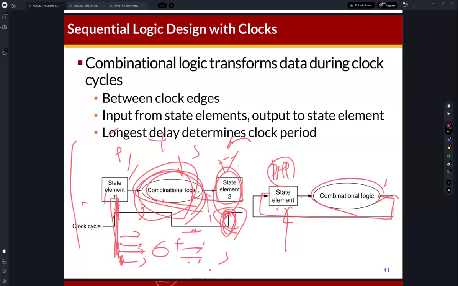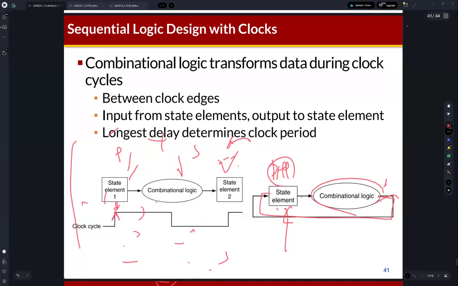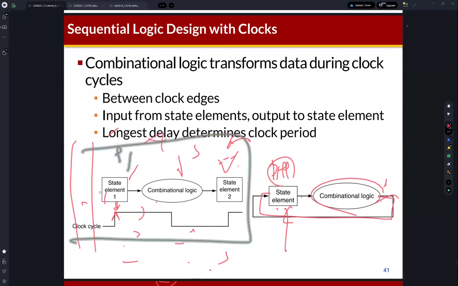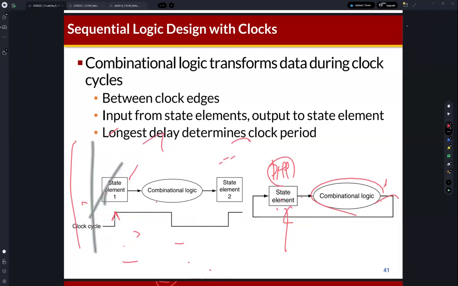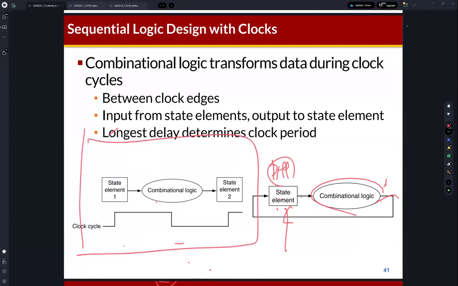By doing this, we can also control the timing of our digital system, which means that we can build stable logic. So try to understand this model. We will also learn about some timing of sequential logic later based on this model. But this is very important.